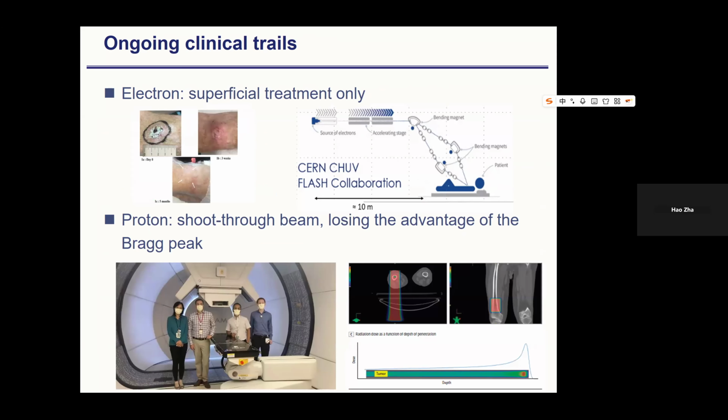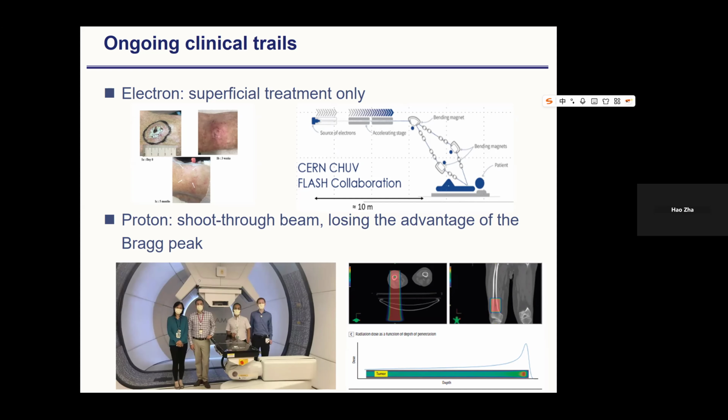Although none of these devices can fully meet the requirements of flash radiotherapy, researchers worldwide are still making their best use of existing equipment to conduct some clinical trials. While the scope of these trials is often very limited, they still provide valuable reference.